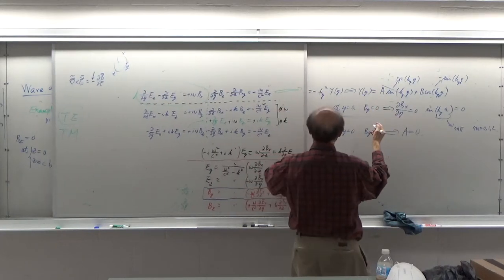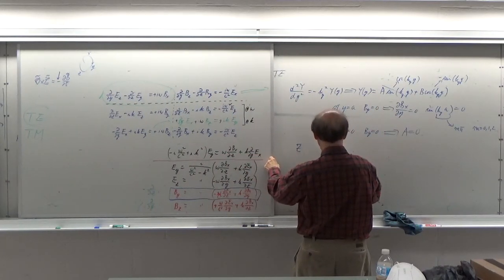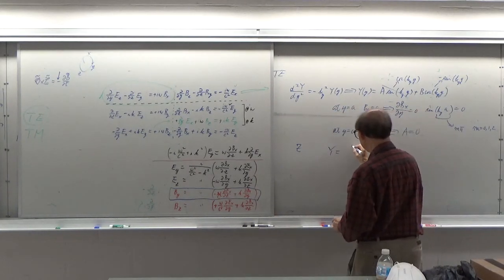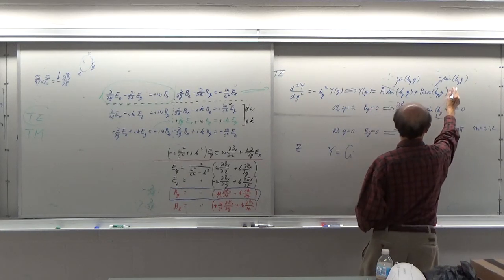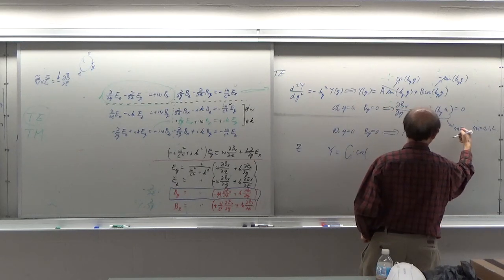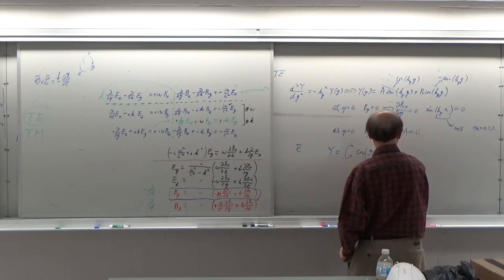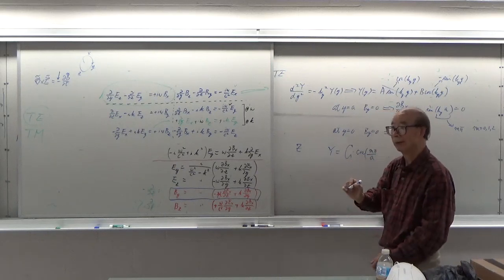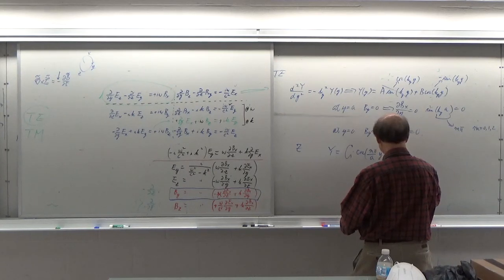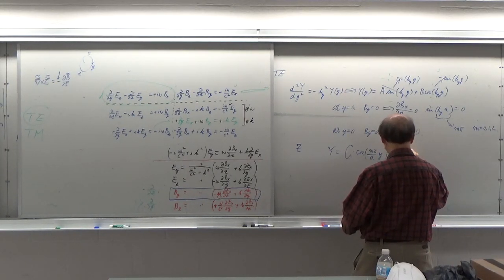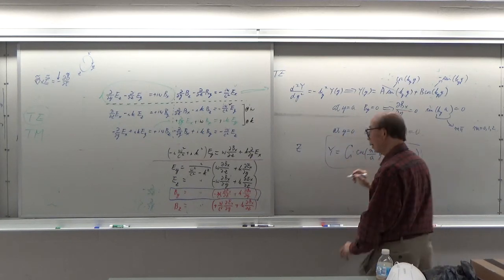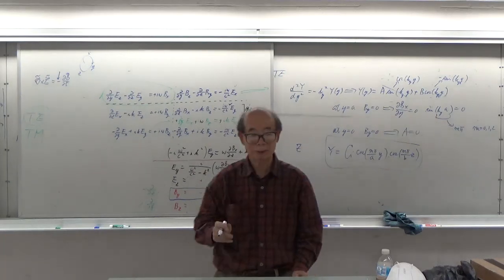You do the same thing, so that now we know that Y will be given by a cosine of ky y, where ky can only take a value of m pi divided by a, times cosine of n pi over b z. Okay, let's stop here and continue in the next lecture.